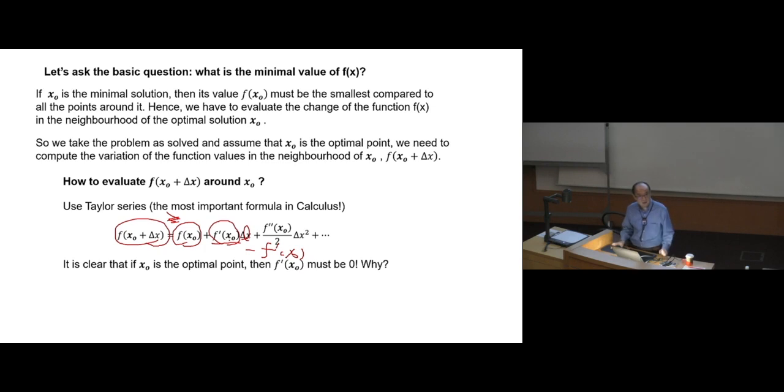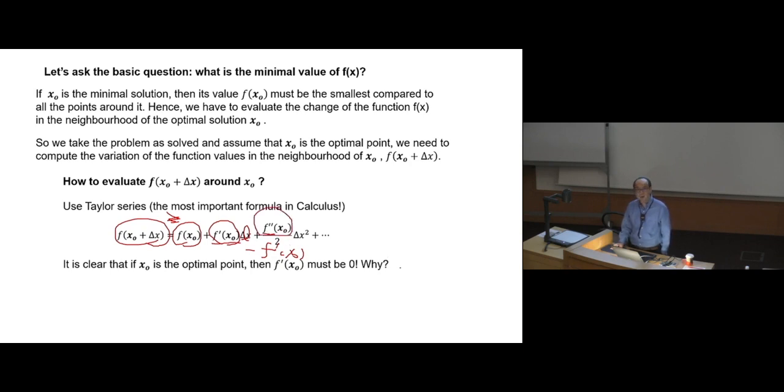In the same way, if we want to show this is the maximum one, this also has to be 0. So now you can say the first order derivative has to be 0. But then how about the second order derivative?